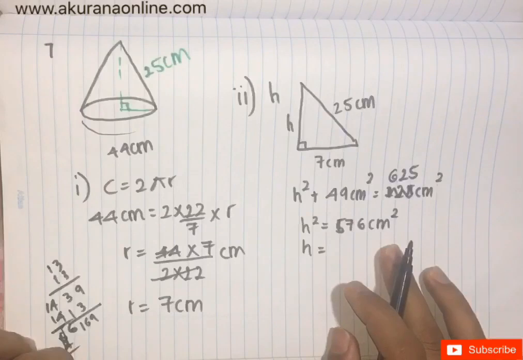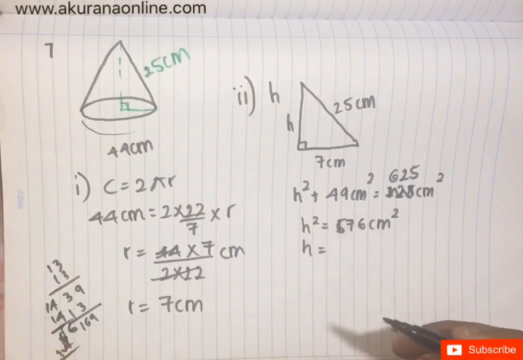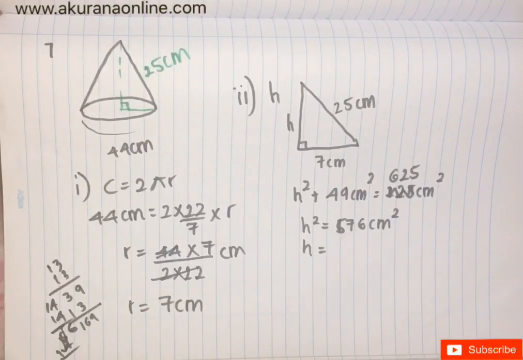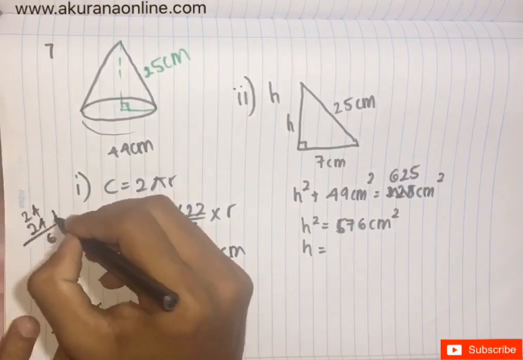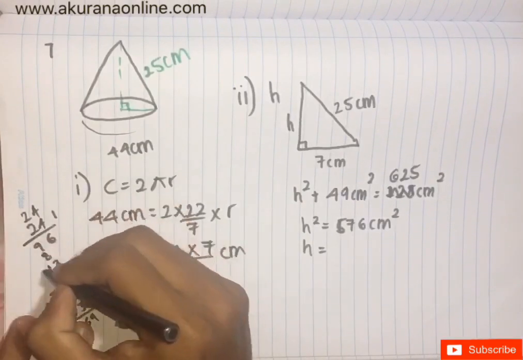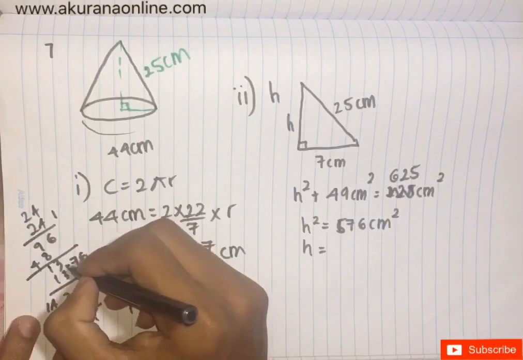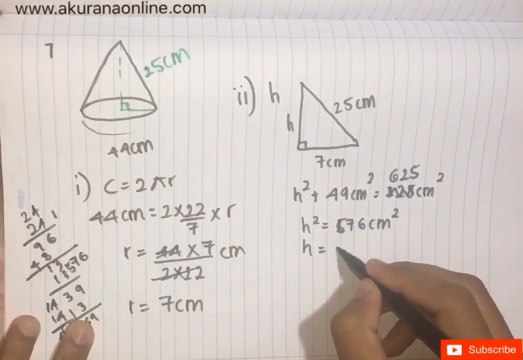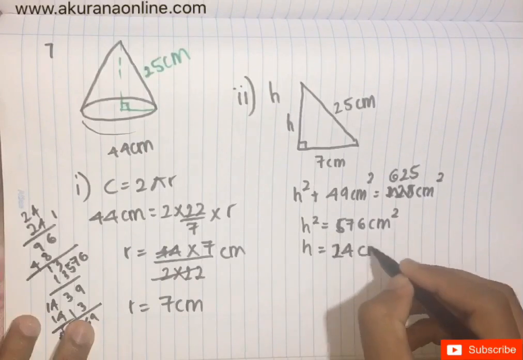Therefore, the square root of 576. How much is it? It should be 24. Yes, so the answer will be equal to 24 centimeters.